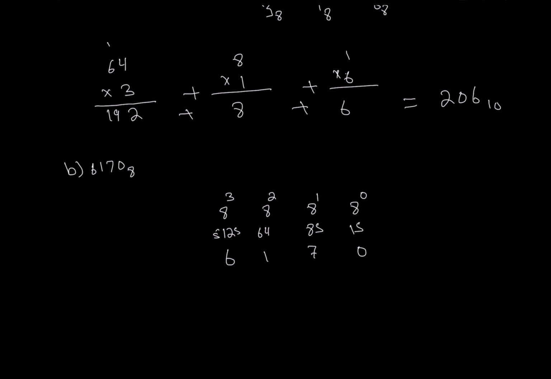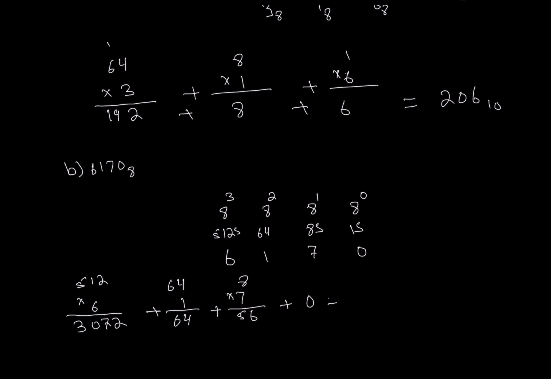If you multiply 6 by 512, you get 3072, plus 1 times 64 will give me 64, plus 7 times 8 will give me 56, plus 0 times 1 is 0.